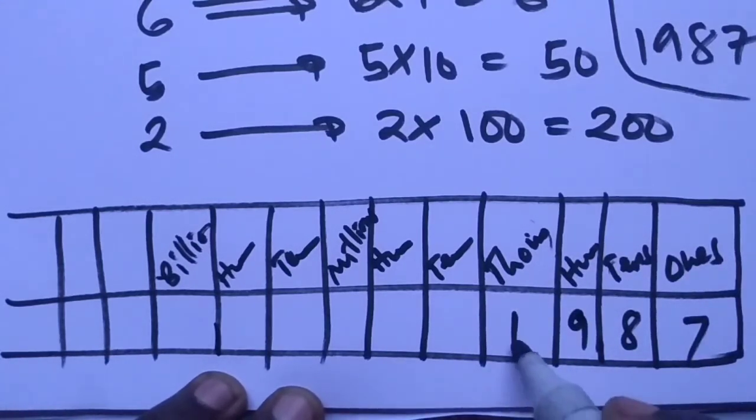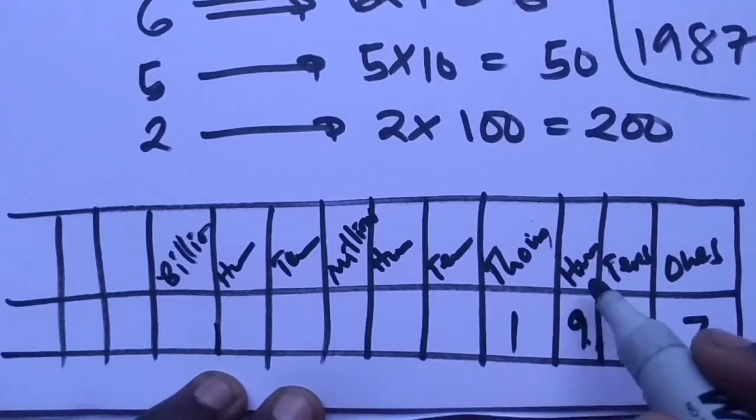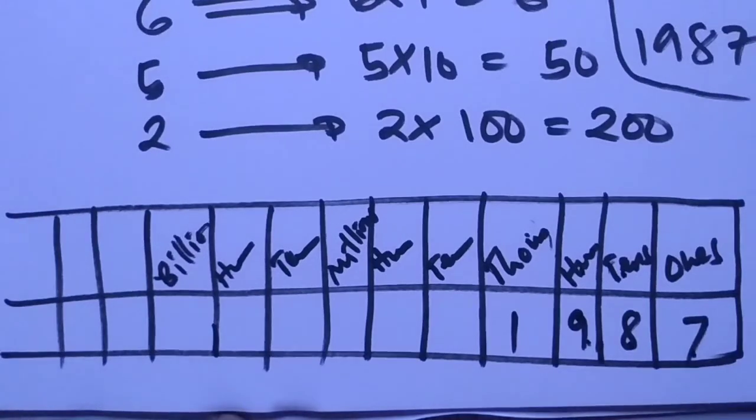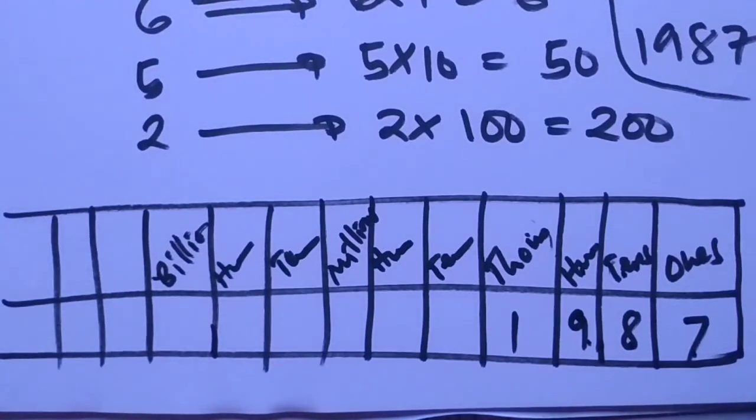So total value itakuwa ni 1 times 1000, 9 times 100, 8 times 10, 7 times 1. Kwa hiyo this is the table which summarizes the place value of different numbers.